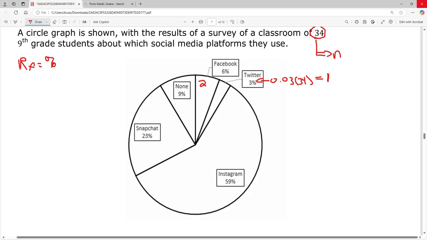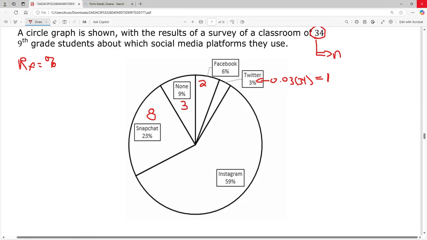Snapchat is going to be 0.23 times 34, which ends up being about 7.8 people, so we're going to round that up to 8. And 0.09 times 34 is 3.06, so we're going to round that to 3.